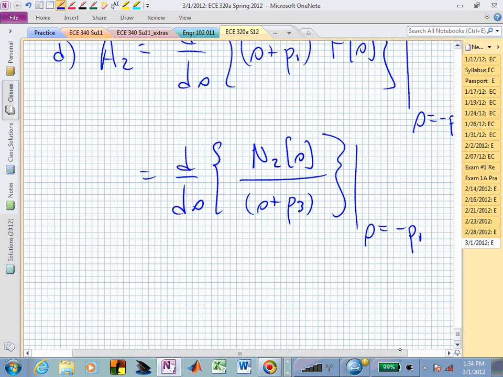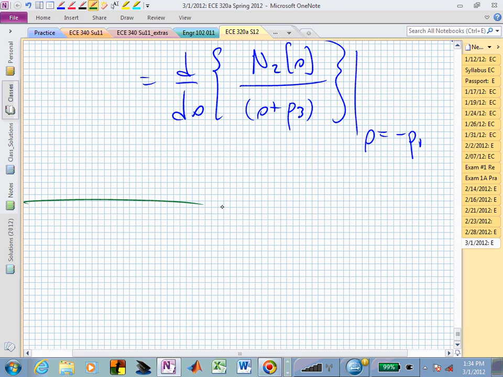Now, the book gives you a general form. If you had something that was, let's say, a fourth order root, then you would have to do this 3 different times. So in general, let's just look at the expression and make sure that we're okay with it.